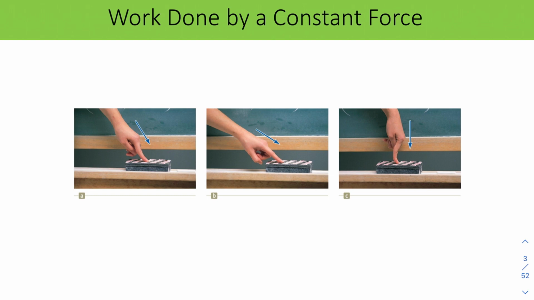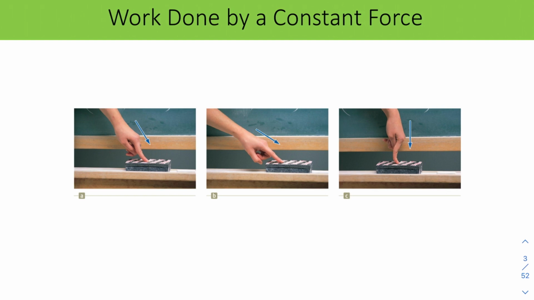Based on our experience, in figure B this direction of force applied to the duster will cause the motion of the duster to be easier in comparison to A. And for C, when we apply the force perpendicular to the duster, we cannot move the duster along the track here.